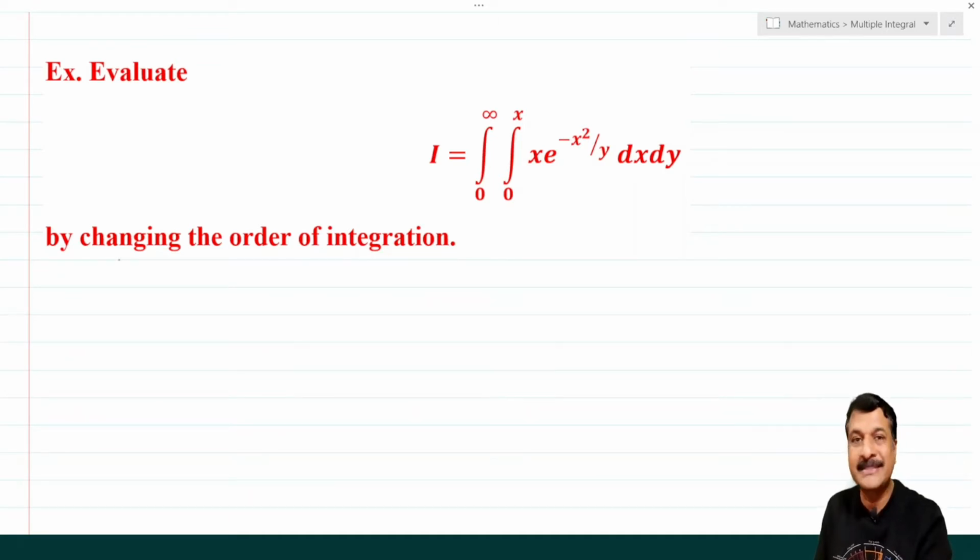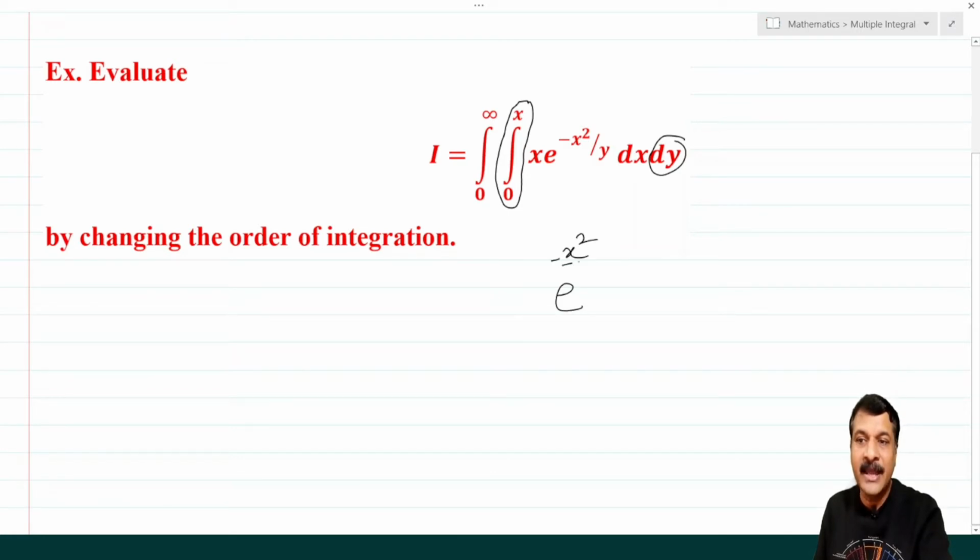But suppose the same example is just to evaluate, can we solve it directly? Let's see. Here the inner integral contains x, which means we have to integrate with respect to y. The integrand is e raised to minus x square by y, so its integration is very difficult.